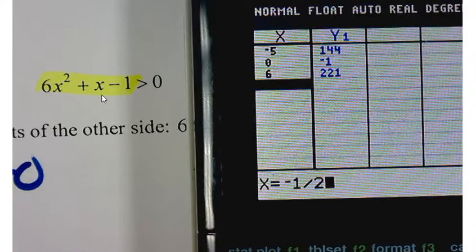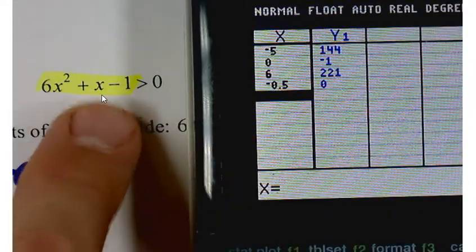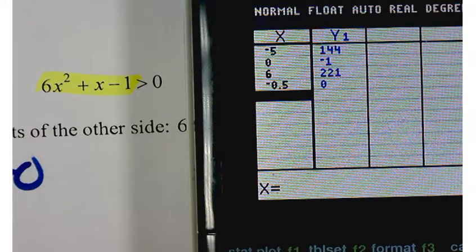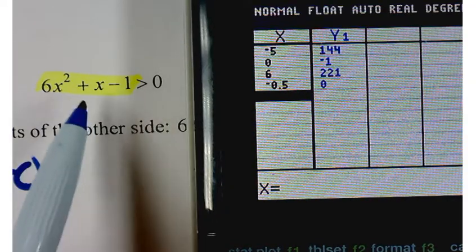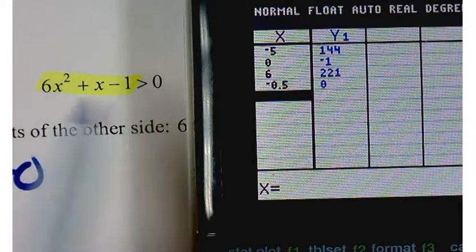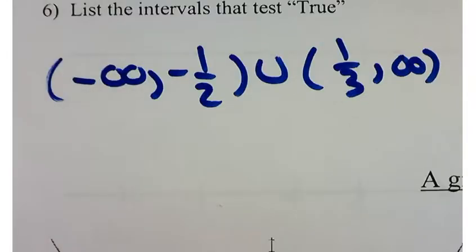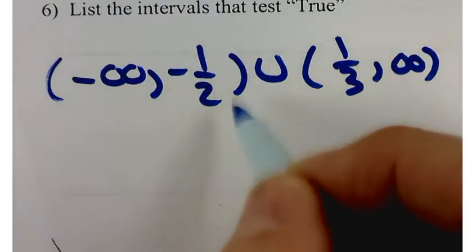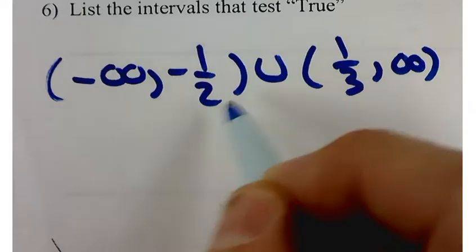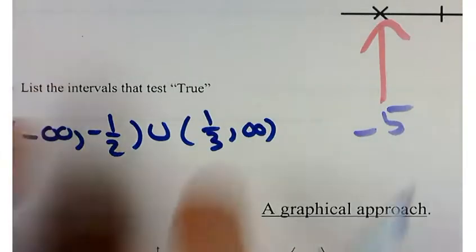That's okay. So putting in negative 1/2 gives me a 0. Let's think about it here. Is 0 greater than 0? No, it's not true. So should I include that? No, I shouldn't. That's why I'm using a parenthesis and not a bracket, because a bracket would be including it, parenthesis doesn't. So we're in good shape there. That's your answer.